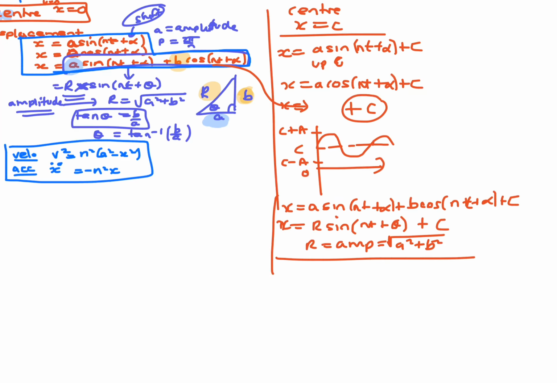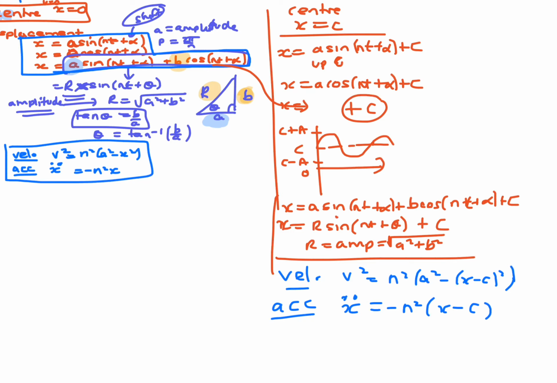So with that, you can then shift also your velocity graph. So your velocity becomes v squared equals n squared, a squared minus (x minus c) squared. So it's just shifted. And your acceleration becomes minus n squared (x minus c).